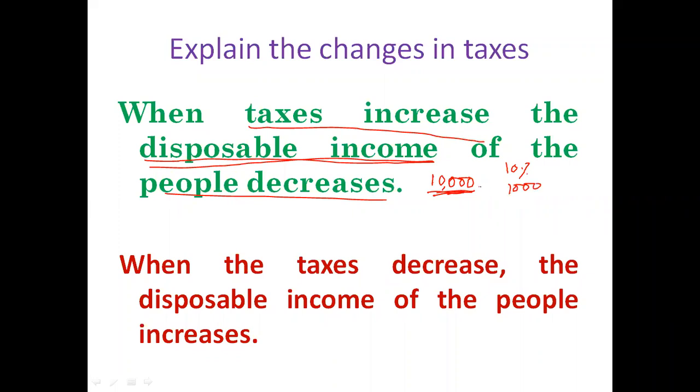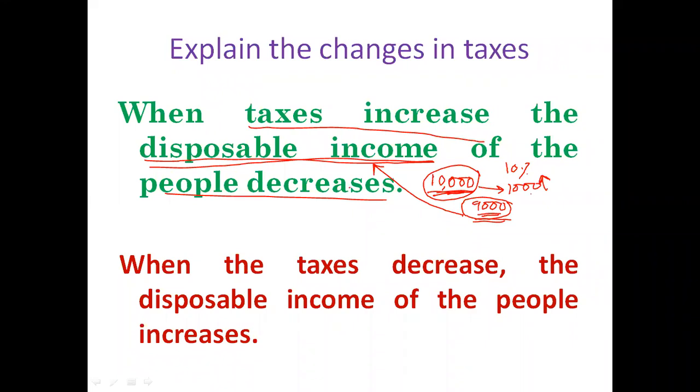If from 10,000 you pay 1,000 rupees, how much remained with you? 9,000 remained with you. So this 9,000 is called disposable income. That is, what remains in your hand after subtracting tax from your income is called disposable income. Now see, when tax becomes more, disposable income decreases.